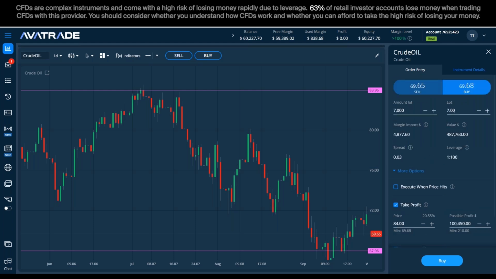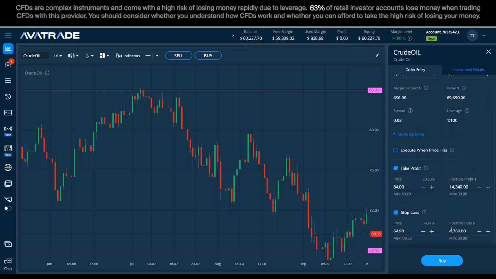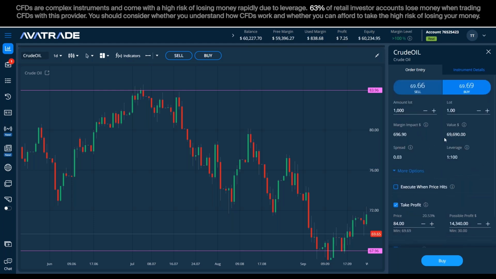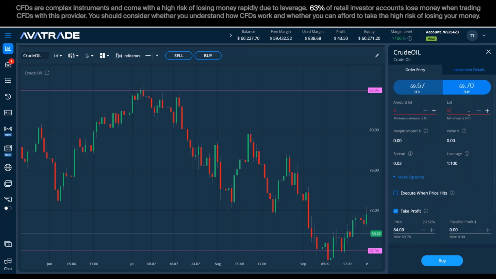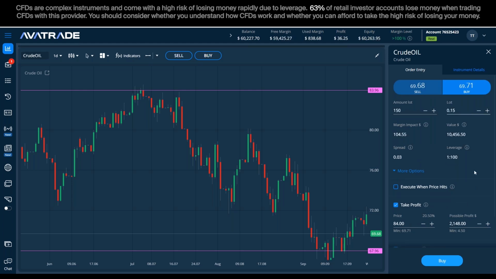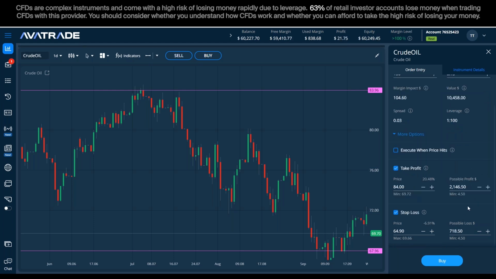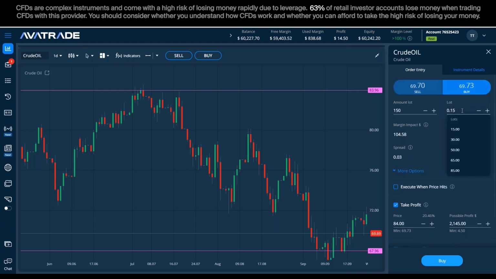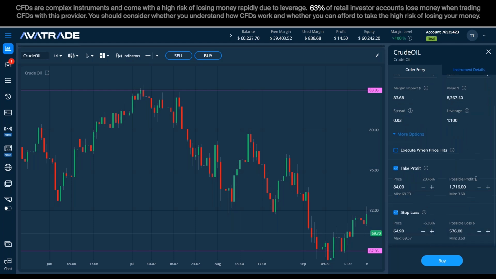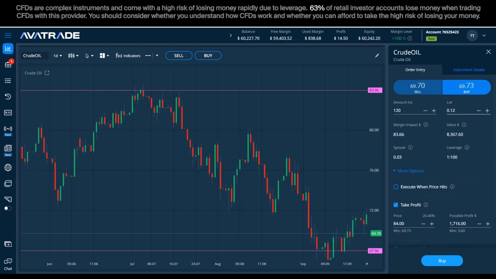So we start looking at trade sizes then. If I do one lot, I'm risking 4,000. So if I do 0.1 or 0.15, now I'm risking closer to 1% of my balance, 0.12, 0.13.